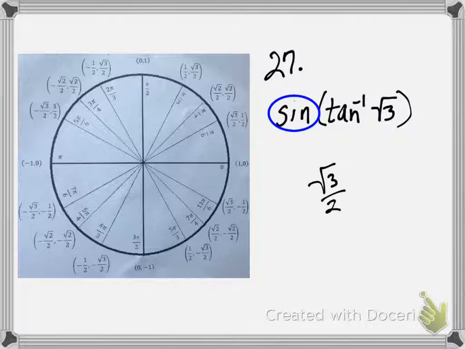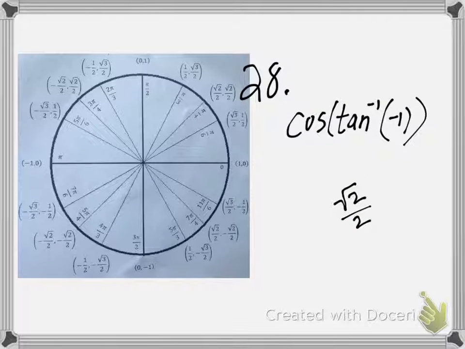Well, we talked about this before, and if we take these 2 points right up here and we do this square root of 3 over 2 and we divide by 1/2, this is where we find the tangent value, that's the square root of 3 in this location right here. So we talked about that in class, and we'll keep working on that. So now all I want to know is what's the sine value, and we see that it is in fact the square root of 3 over 2.